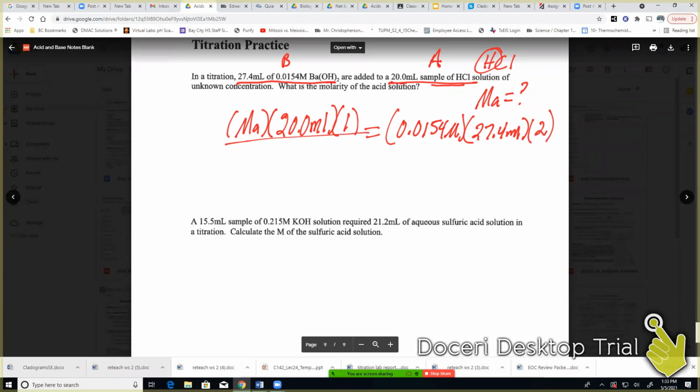So once again, a little bit of algebra. How many sig figs can we have on this one? 3, exactly. So we can have 3 sig figs on this one.